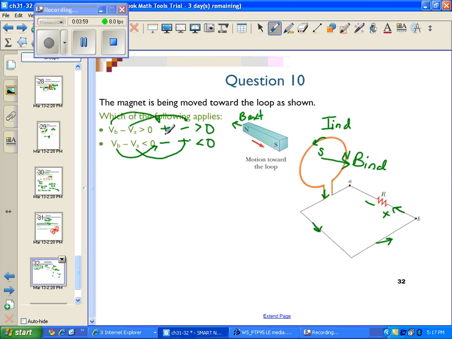So here, let's go ahead and circle that the right answer here is that VB minus VA is greater than 0 because we're going from high potential to low. So a bigger number minus a smaller number equals a positive number.